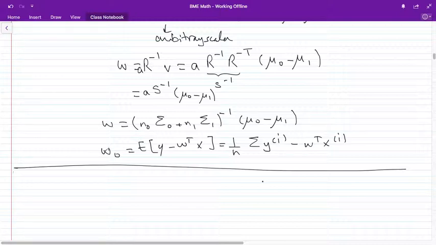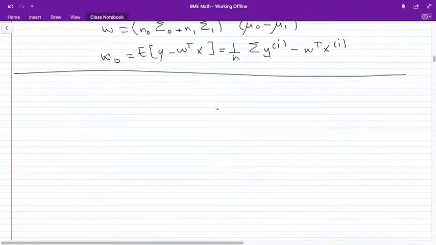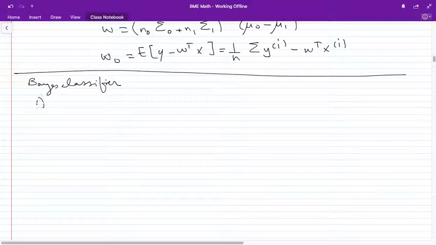So I will briefly review what we've done a little bit on Bayes classifier and try to extend it a little bit for our discussion today. So Bayes classifier. I'm going to begin with what we did on Thursday, which was that we have equal variance in the two classes.